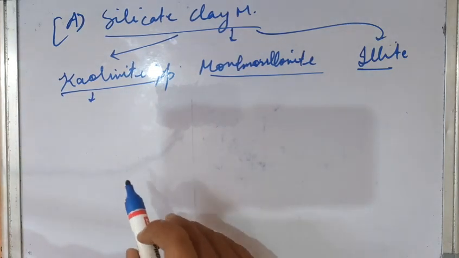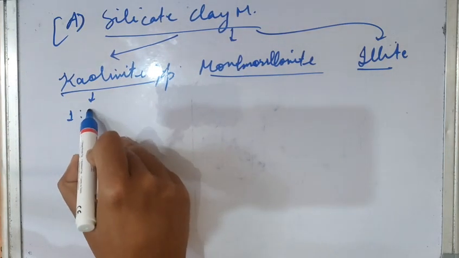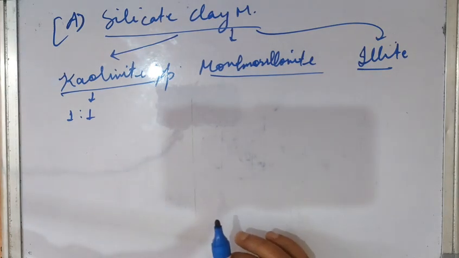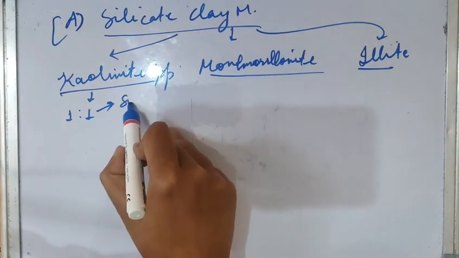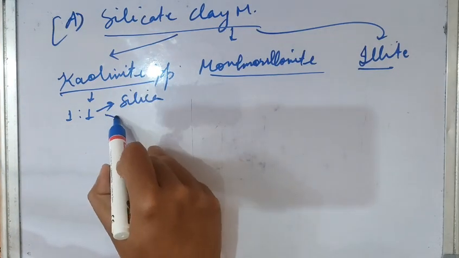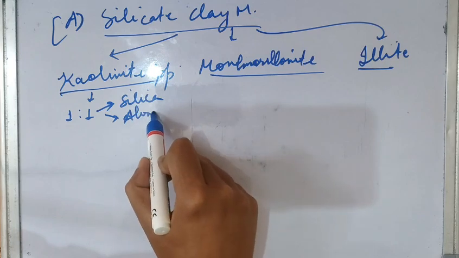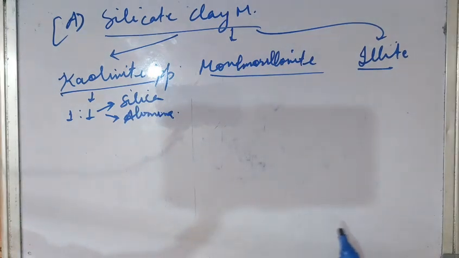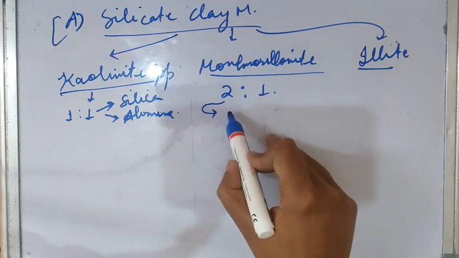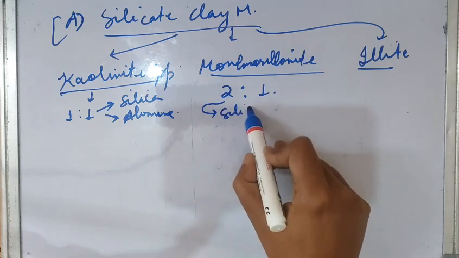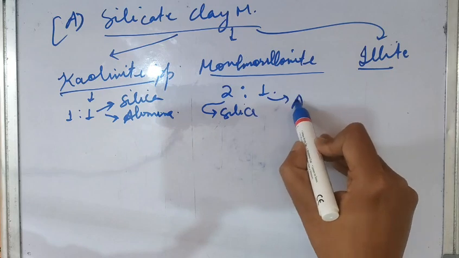Here the ratio is 1:1. That is the ratio of silica to alumina, that is 1 sheet of silica and 1 sheet of alumina. Here the ratio is 2:1, that is 2 layers or 2 sheets of silica and 1 sheet of alumina.